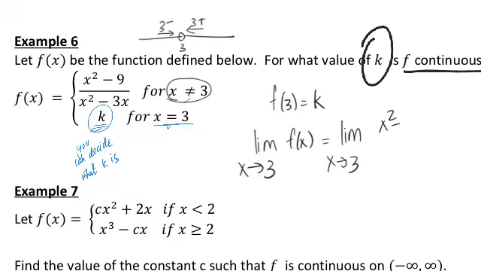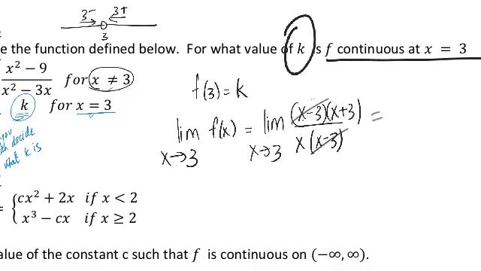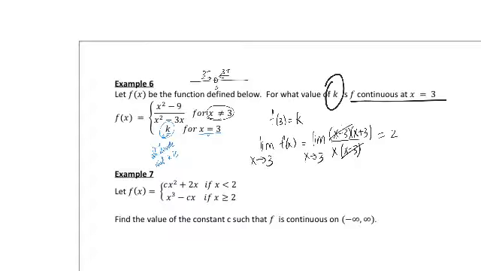So we're going to use that and see what happens. Let me factor the top immediately into a difference of two squares. Direct substitution doesn't work, by the way. You can check that for yourself. And so now I get 6 divided by 3, or 2. So the limit as x approaches 3 is equal to 2.